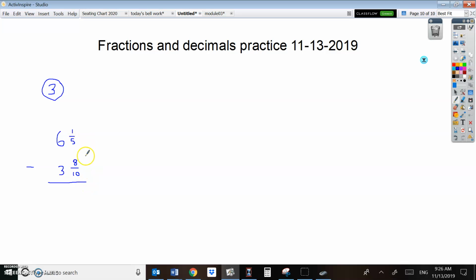So change to get common denominators. So we need 6, 3, so let's multiply this by 2, and this by 2. So we'll have 2/10 here.